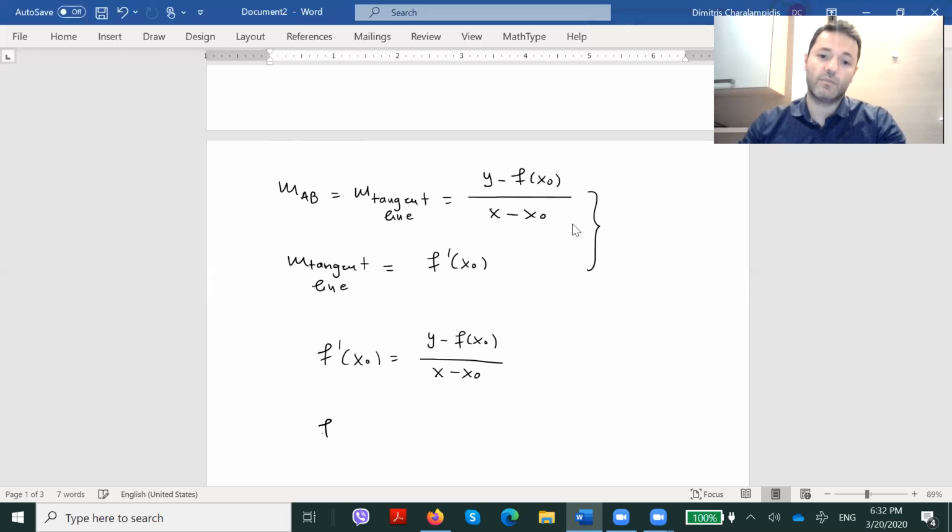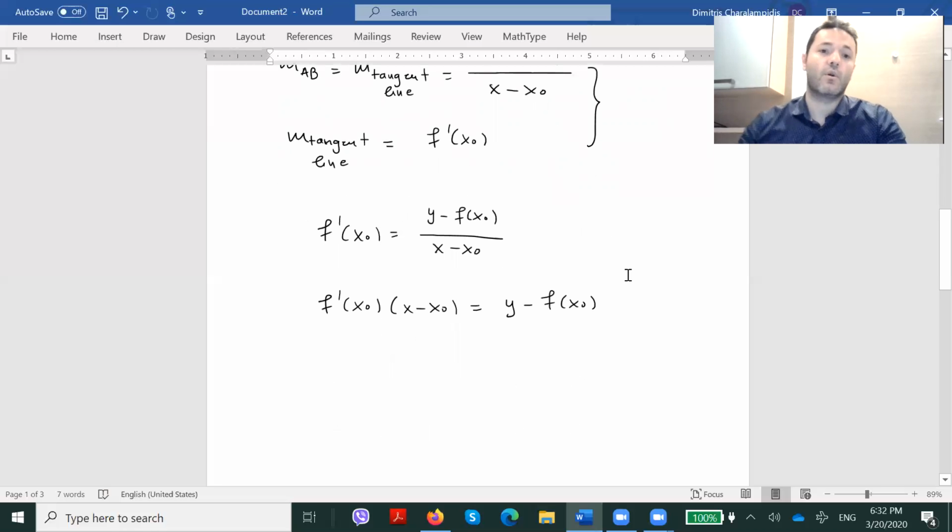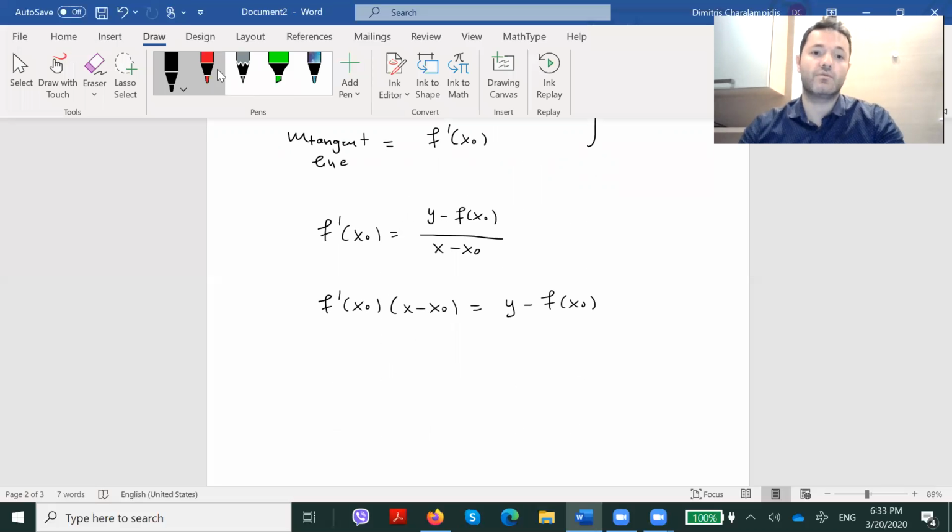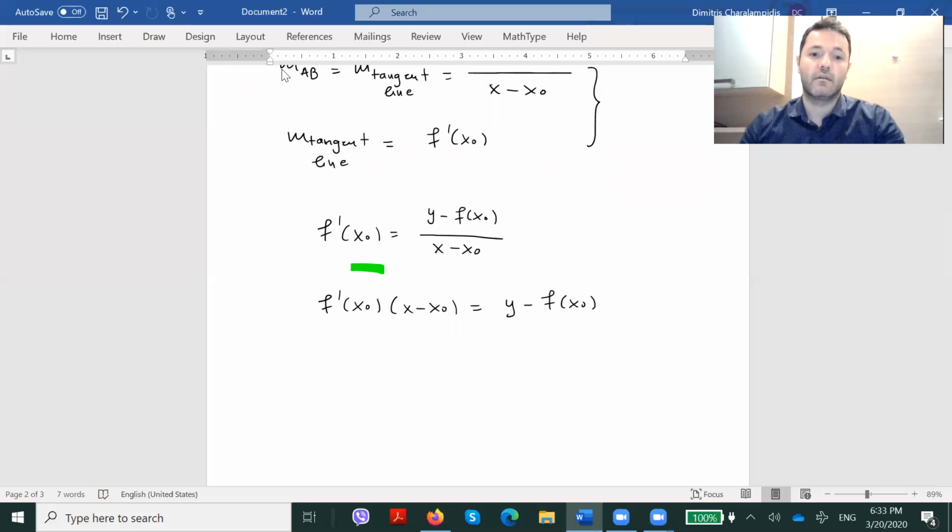With a cross multiplication, we get that f prime of x0 times x minus x0 equals y minus f of x0, which is an expression commonly known as the equation of tangent line.